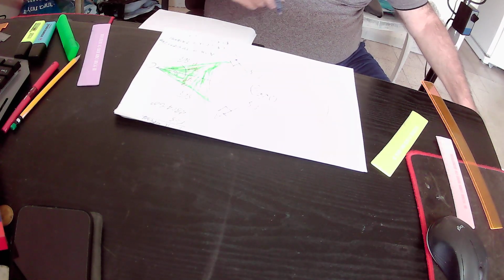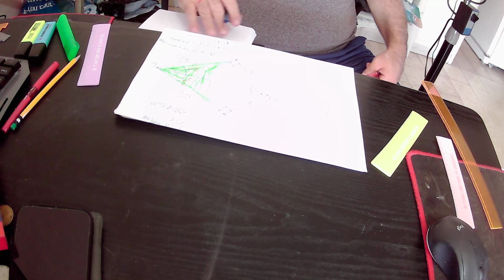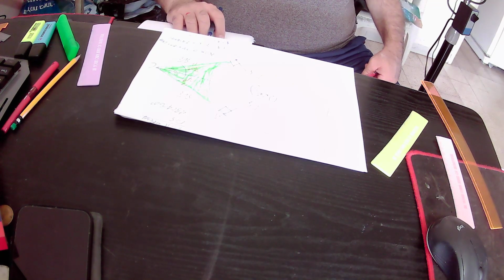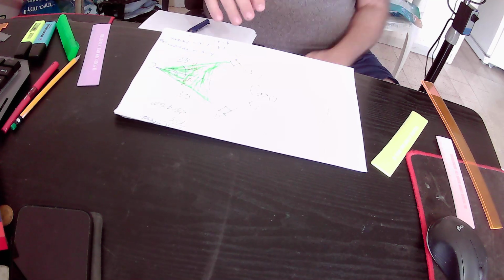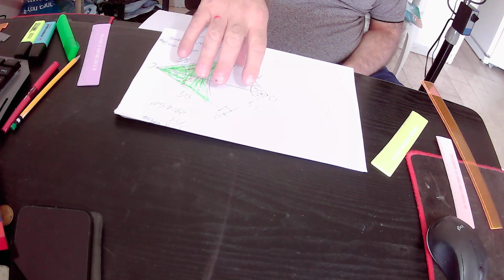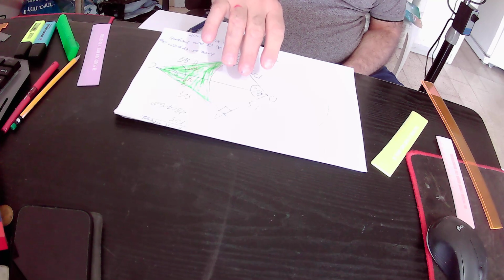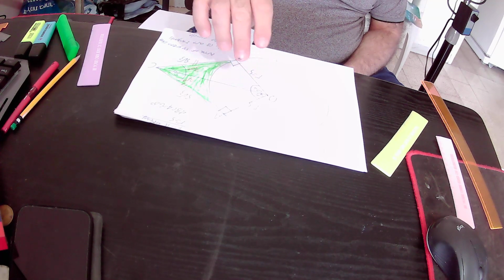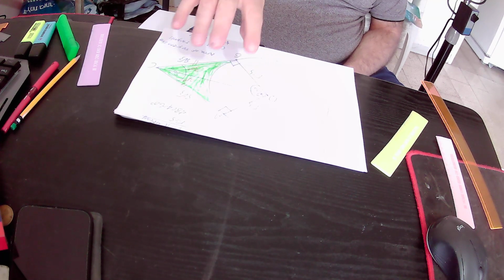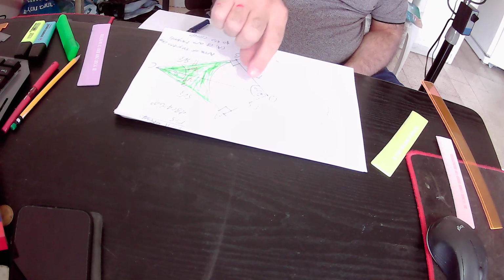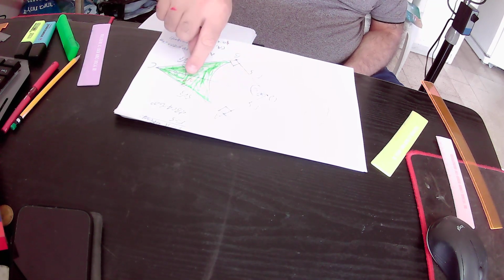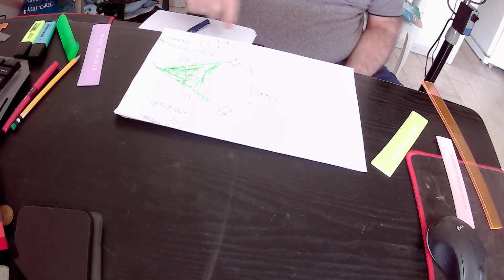But what is the area of the green shape? The area of this green shape equals the area of quadrilateral ABCO minus the area of sector AOB. Again, the area of quadrilateral ABCO minus the area of sector AOB will be equal to the area of the green shape.